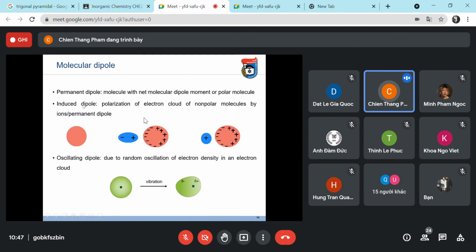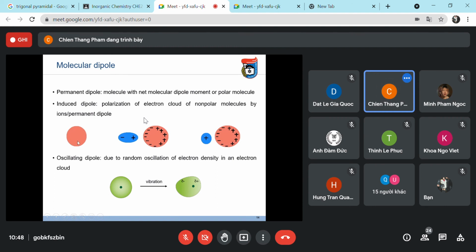The second one is induced dipole. Induced means that it's an effect from the environment. For example, the first one is a non-polar molecule. You can see that this one has a spherical shape with a uniform distribution of the electrons.